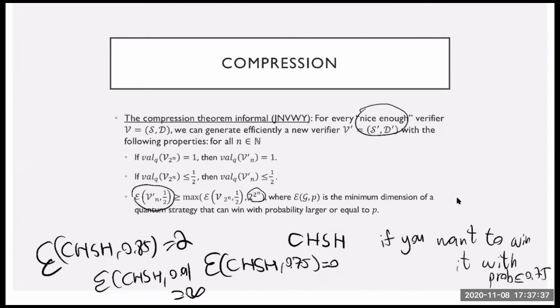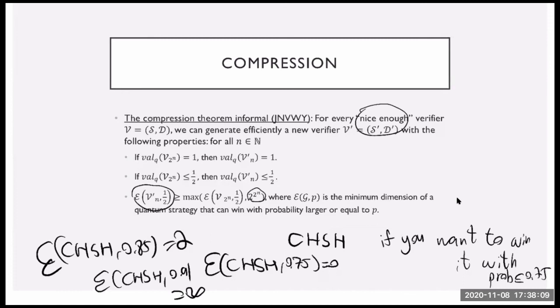Okay, so let me at least give you the feeling of what happens here. The point is that if you have good quantum value, it stays good. If you have a not so good quantum value, it stays not so good, okay? And it gets harder, you need more and more shared qubits that are very entangled with one another to win with at least 1/2 probability.